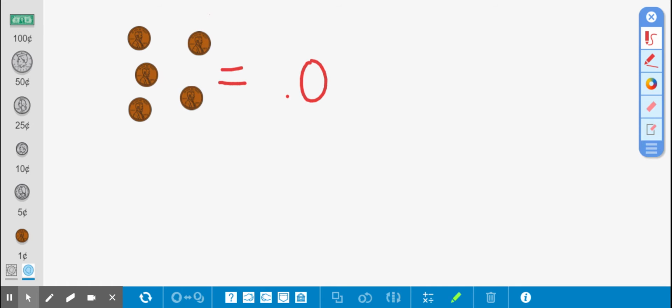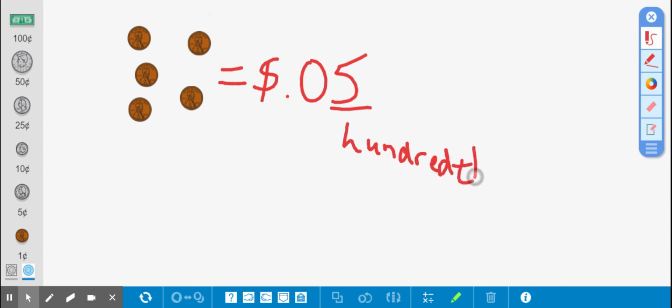We have no numbers in the tenths, a 0, just as a placeholder. We have 5 pennies. So it's 5 cents. Mathematically, this 5 is in the hundredths place, right? So this is hundredths. Not hundreds, it's got a TH S at the end. This is 5/100ths or 5 cents, okay?